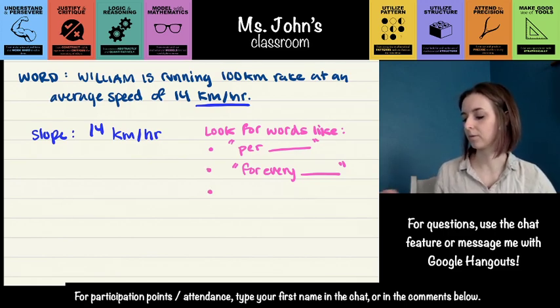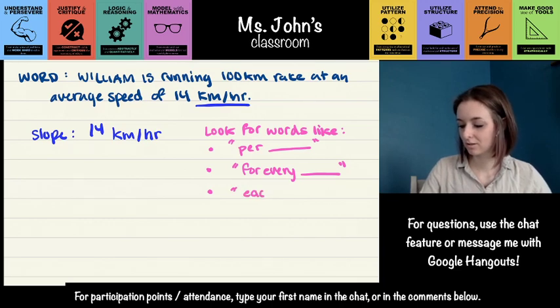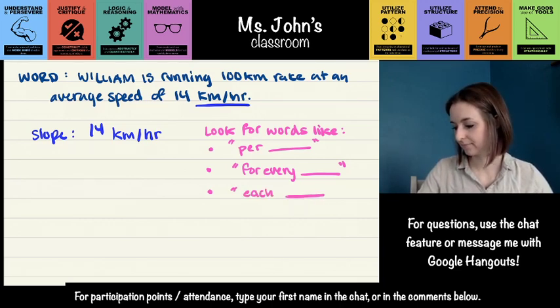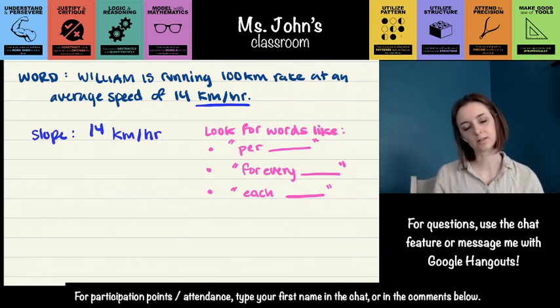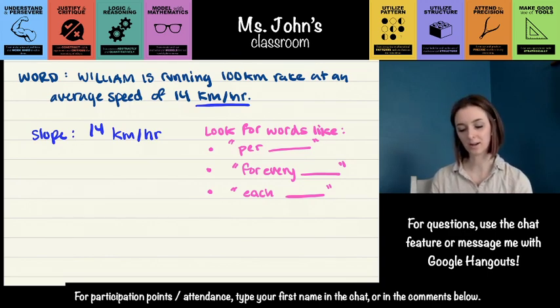I'm bad at making up word problems. They also often say each, like for each. Like the tickets cost that many dollars for each one. On this one, you could rephrase this scenario with William running as, he runs 14 kilometers each hour, which would indicate that that is a rate of change.